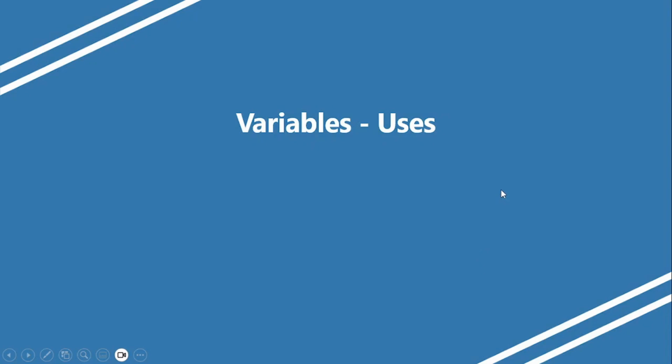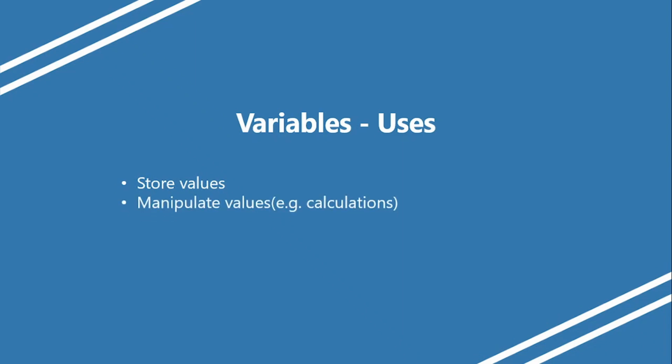Now that we know that variables are containers or boxes, what are the uses of variables in programming? Variables can be used to store values, as we've discussed, and they can be used to manipulate values. Let's say you have variable x plus variable y. You can add those two and get x plus y.